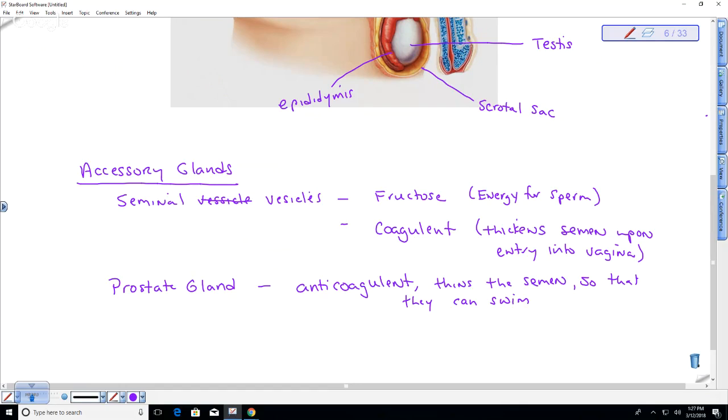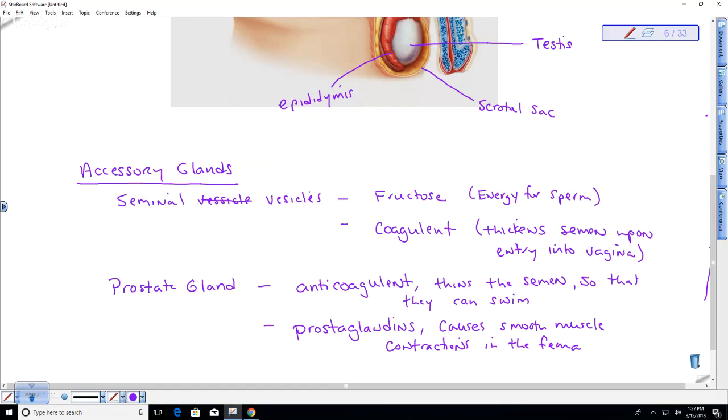The other thing that the prostate gland produces, which is interesting, are prostaglandins. Now, this is a really common chemical that is actually produced by a lot of different tissues. But in this particular instance, it actually serves to cause smooth muscle contractions in the female's reproductive tract.